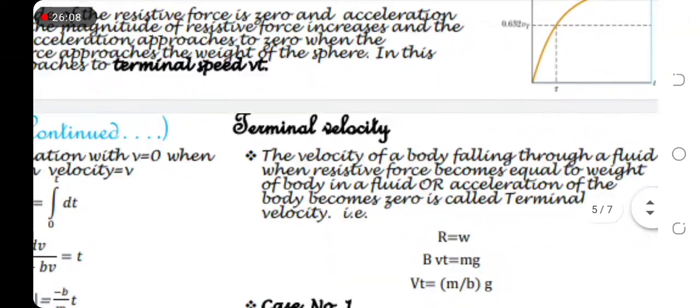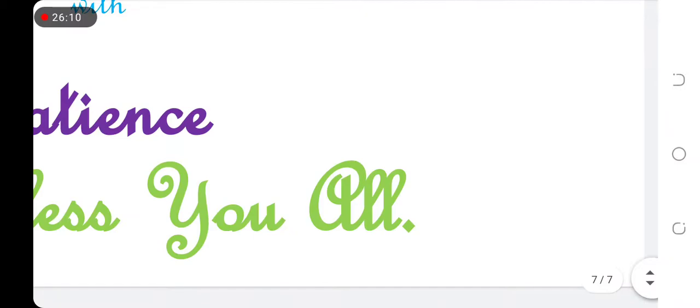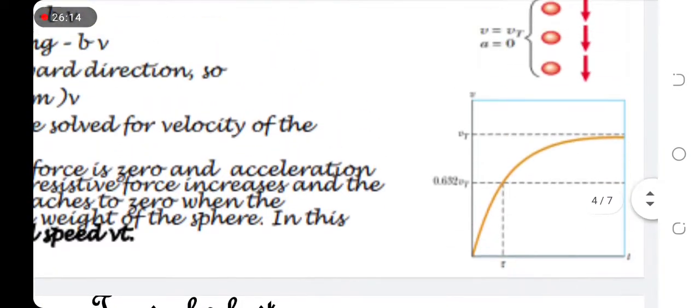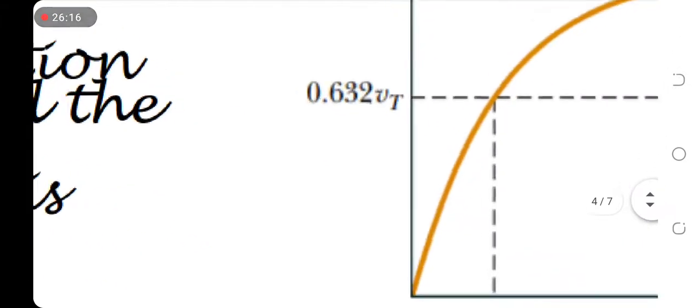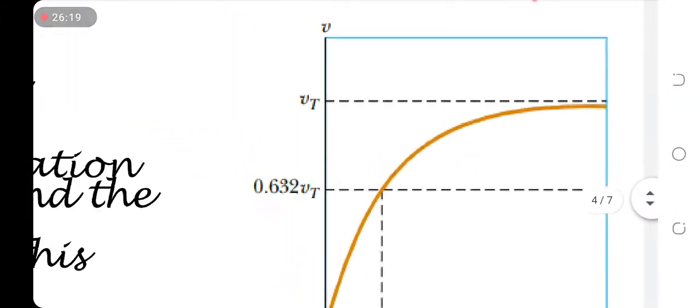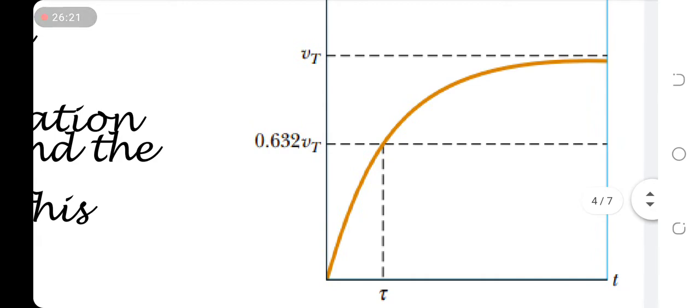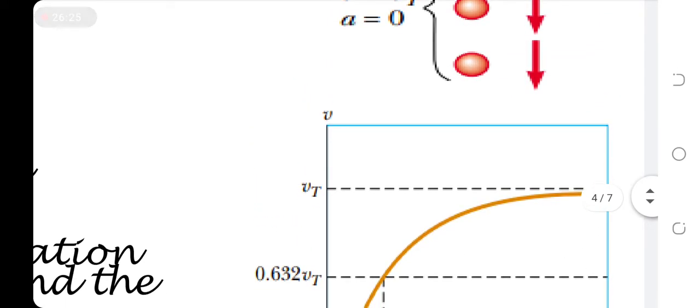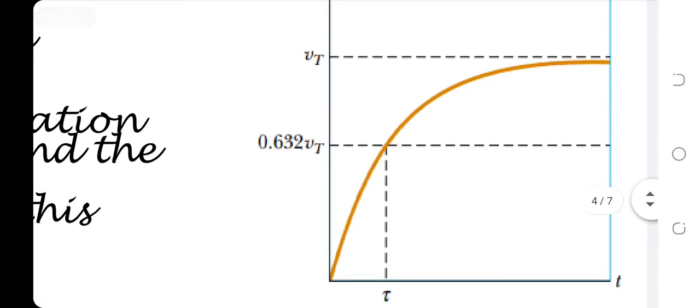The velocity versus time graphical representation is shown here. Time is taken along the x-axis and velocity along the y-axis. We see the exponential curve.